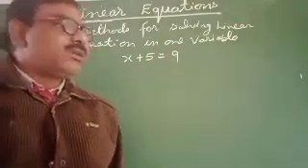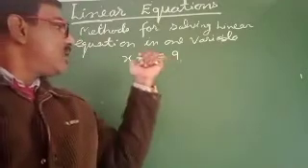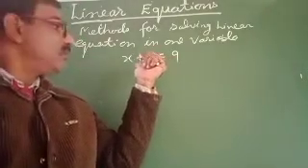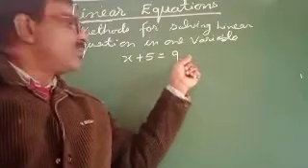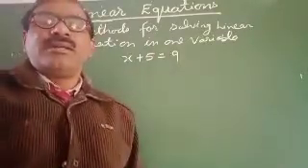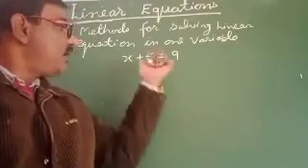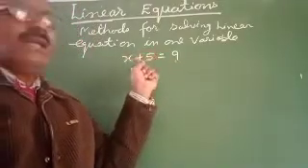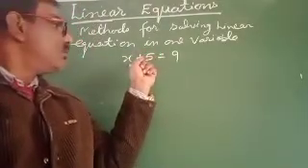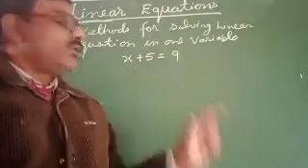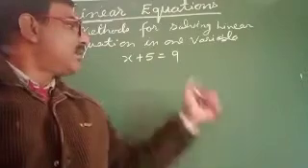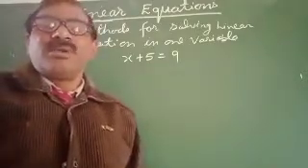If you subtract any number on the left hand side, then we should subtract the same number on the right hand side. If you divide the left hand side by any number, then we should divide the right hand side by the same number.